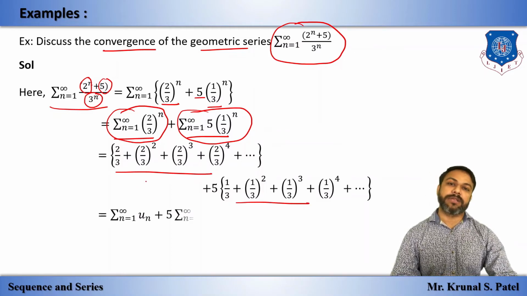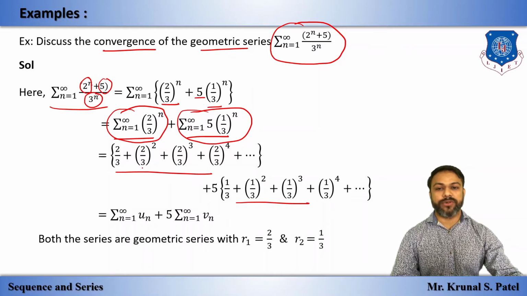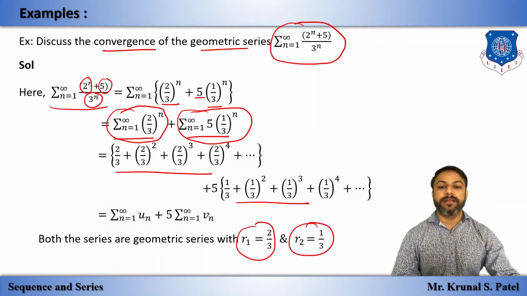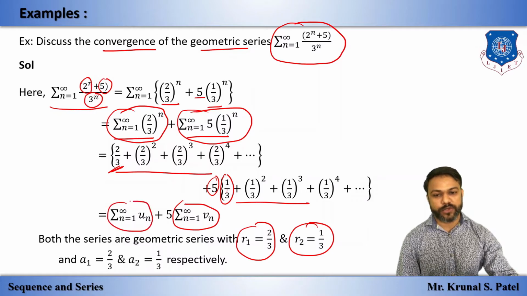Here it is clear both are geometric series, and both have a common ratio. In the first series the common ratio is 2 by 3, in the second series the common ratio is 1 by 3, and A1 is 2 by 3 over here, and A1 is 1 by 3 here. We will multiply by 5 later on because we are considering only Vn and this is Un.